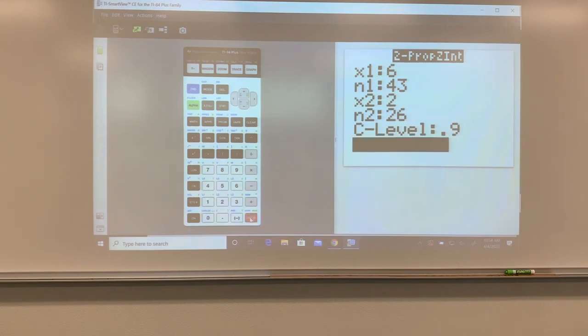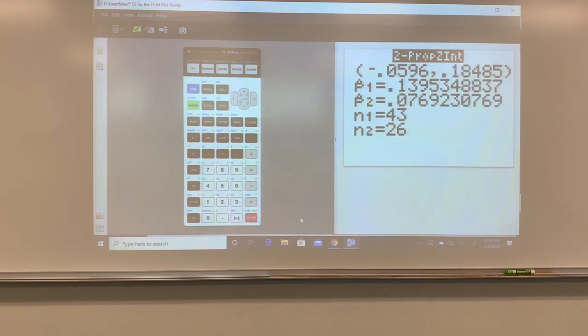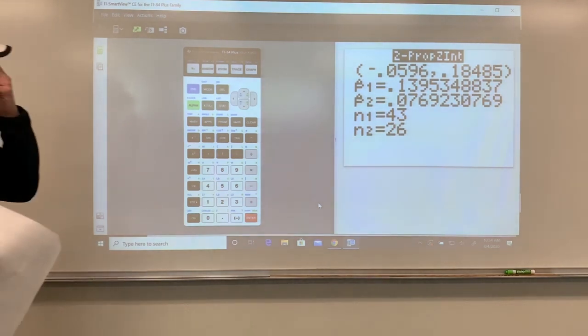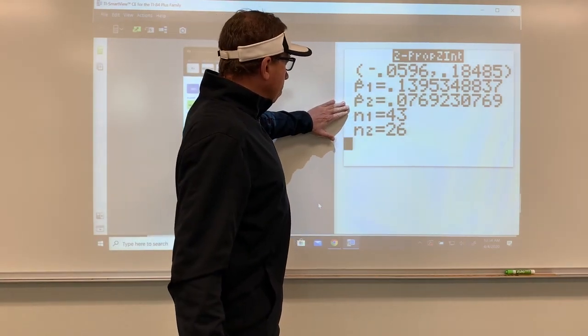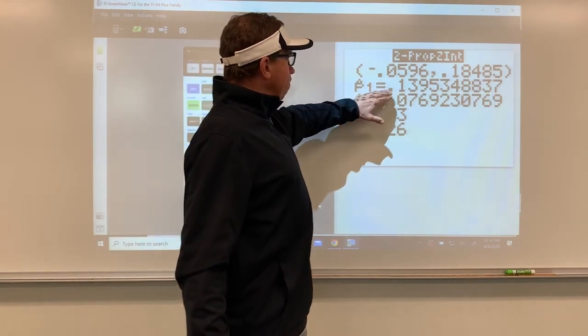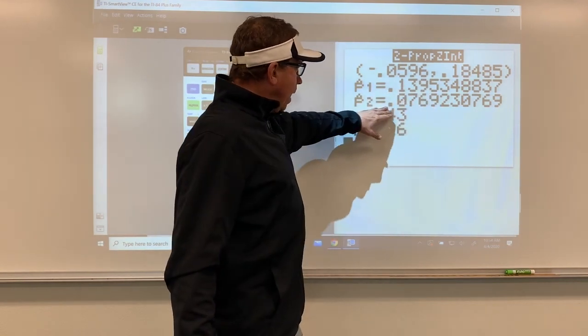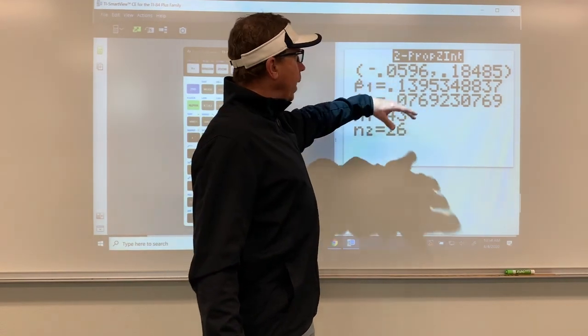Okay, and I calculate this and I get something like that. So there's my confidence interval, okay? In any event, as you see, I lost value on some of this, but that's okay.